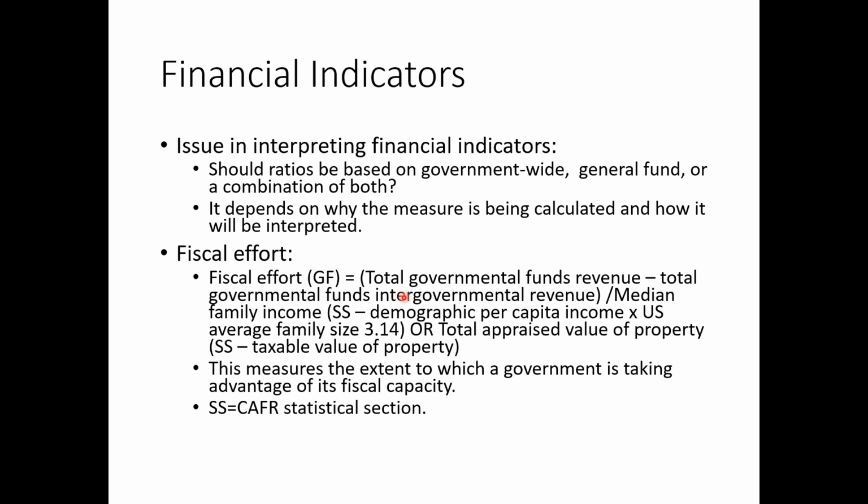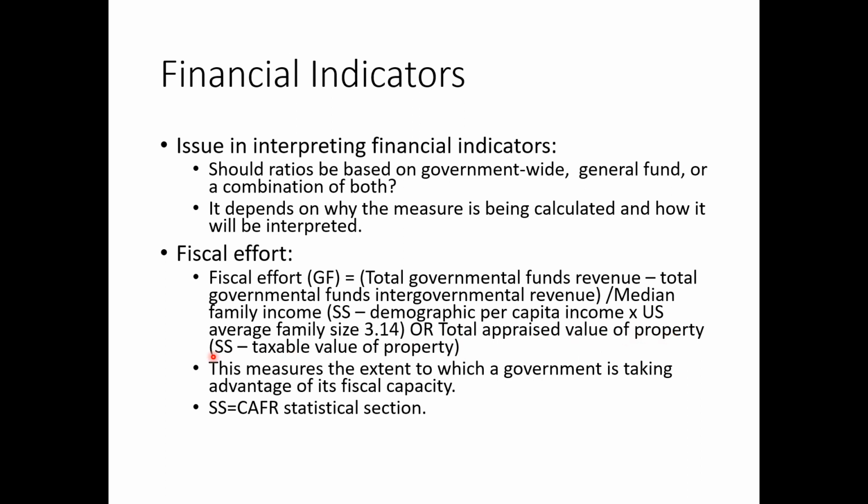The tax levied is higher, measured per family. Another way to measure this fiscal effort is that the numerator will be the same, but for the denominator we change to the total appraised value of properties.